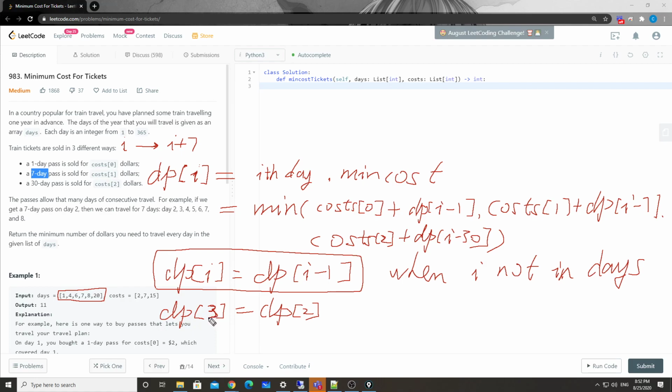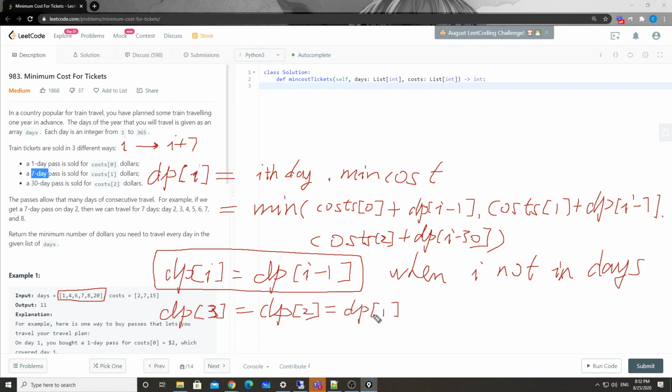We can simply use the previous state, where dp[2] also equals dp[1], because when we calculate dp[2], it's not in the days either, so we just go back to dp[1].